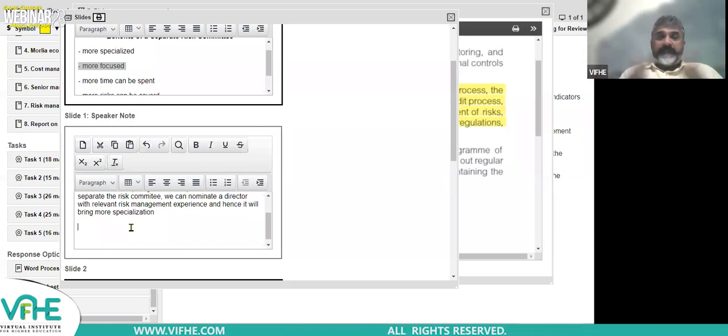There are too many tasks, so they might not be able to focus a lot on risk management. If we separate the risk committee, then the committee will be able to focus specifically on risk management activities. Okay, easy.